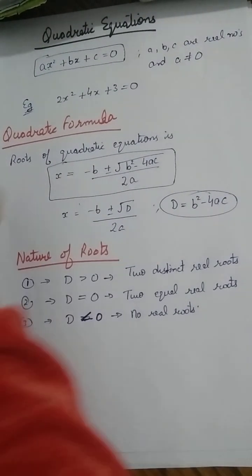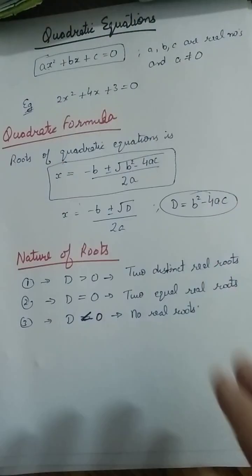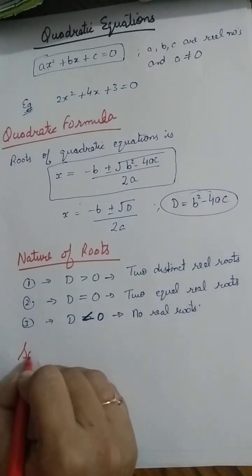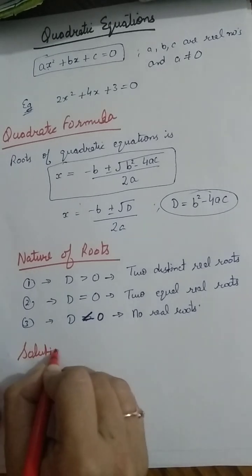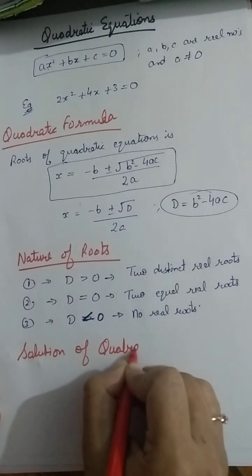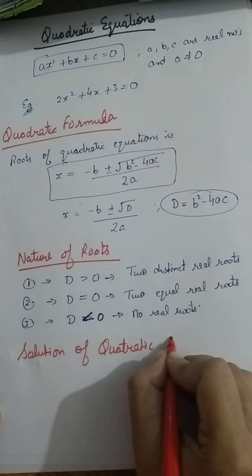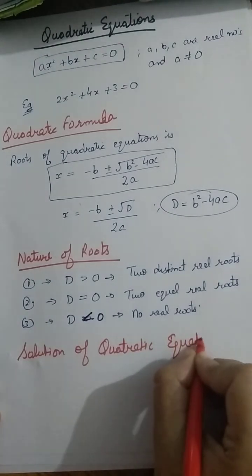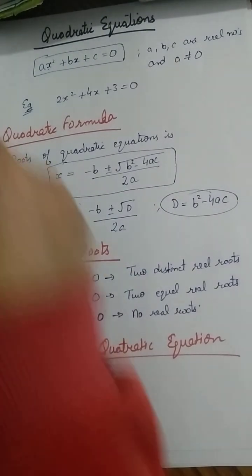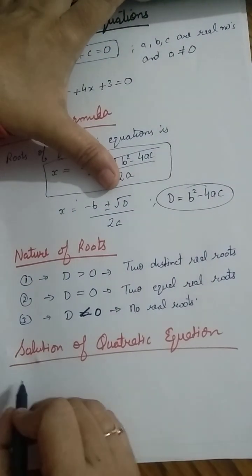So we have to solve the quadratic equation, and we have other methods for solving quadratic equations. Solution of quadratic equation. There are two methods for solving the quadratic equation.